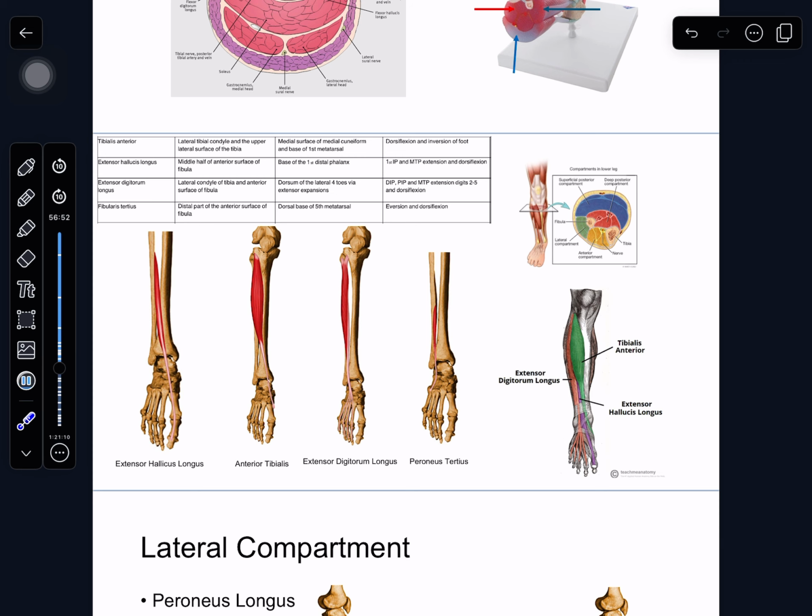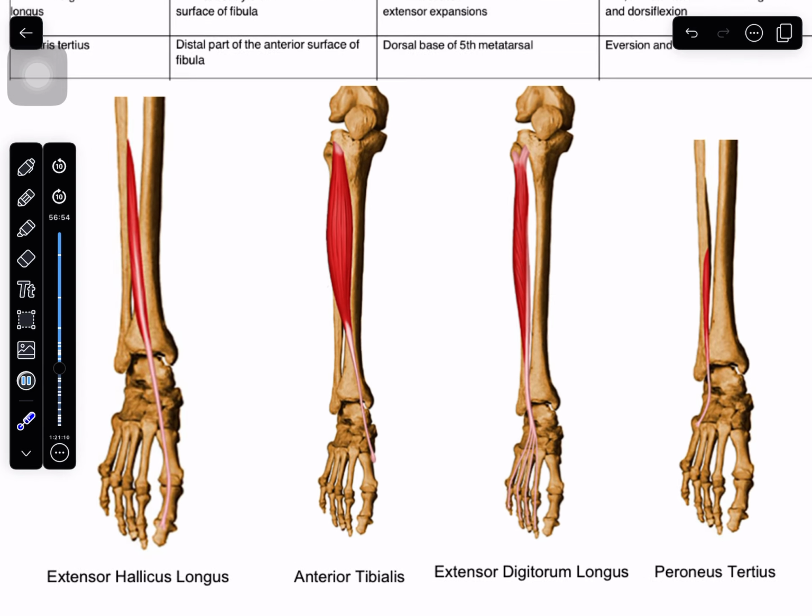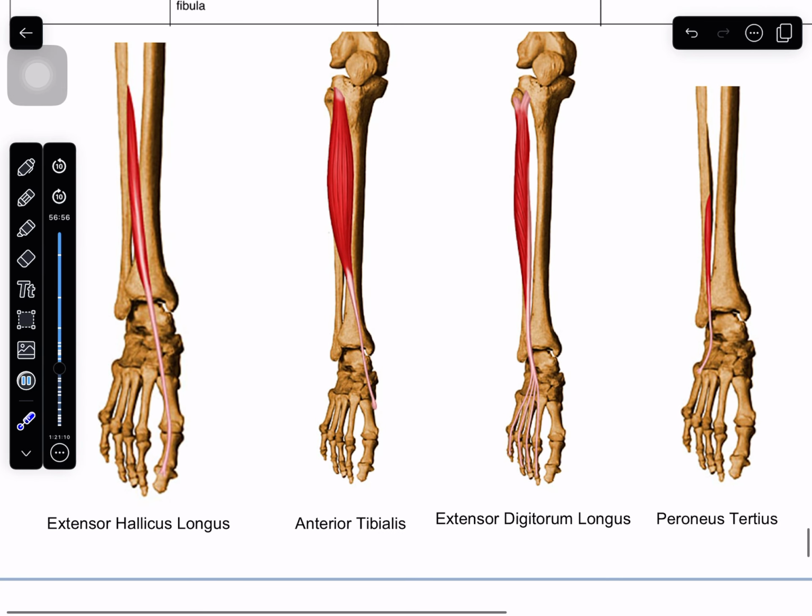So when we talked about the hand muscles, we used the term pollicis, right, for the thumb. When we're talking about the foot, instead of pollicis, for the big toe or the great toe, we're going to use the term hallucis, right? So again, that muscle's coming from the middle third of the fibula, and down into the distal phalanx of the first digit, the big toe.